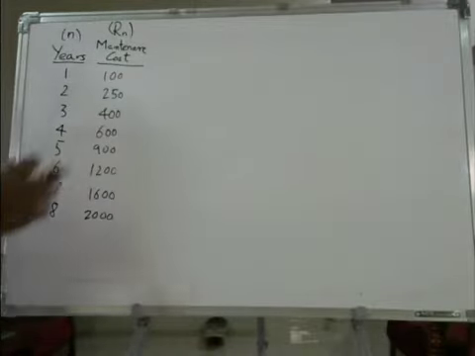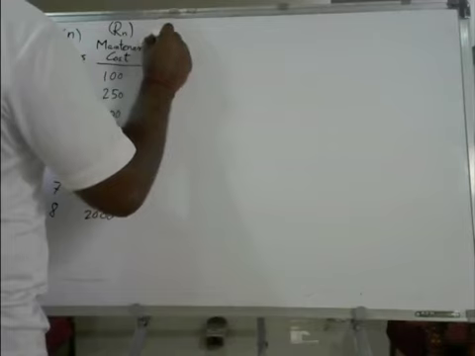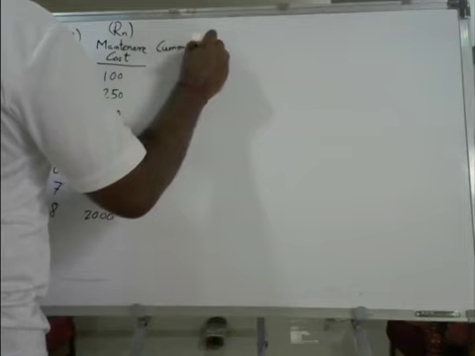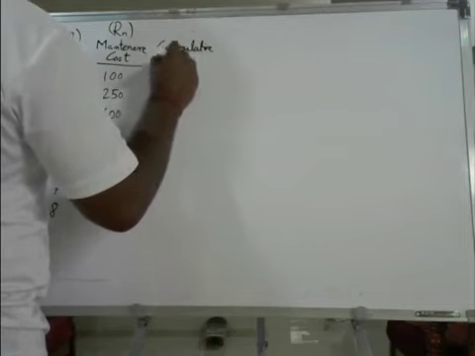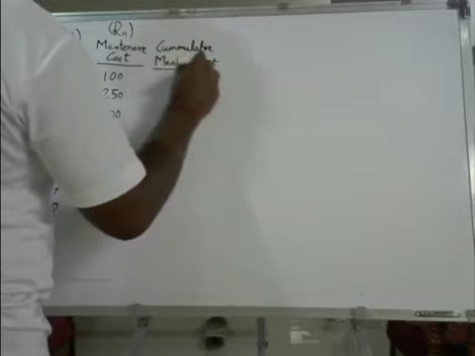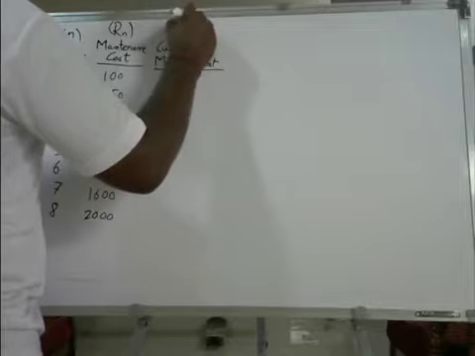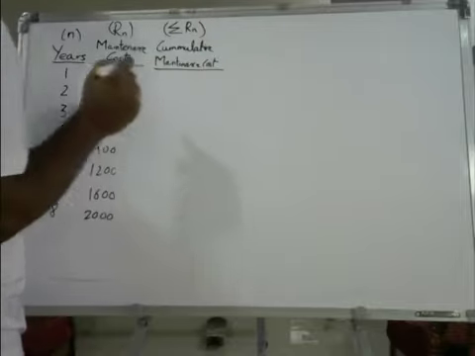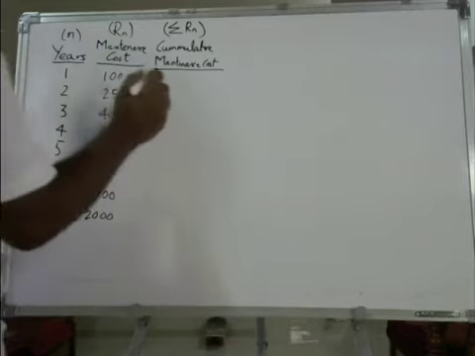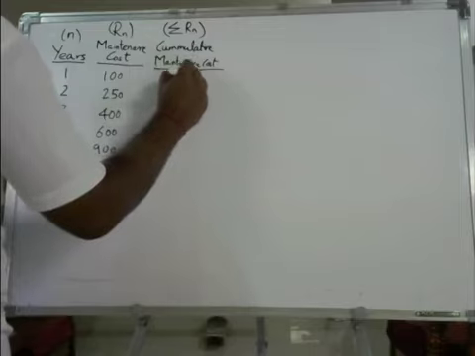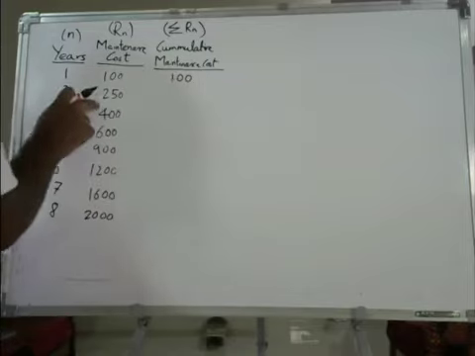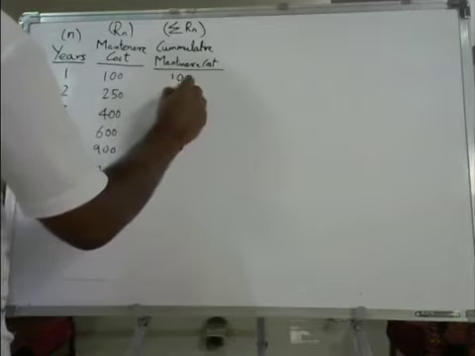Now, to find this, first we will have to take the cumulative maintenance cost. That is denoted by summation of Rn. Now when we take the summation of Rn, for the first year the cost of maintenance will be 100. For the second year it is 100 plus 250, that is 350.